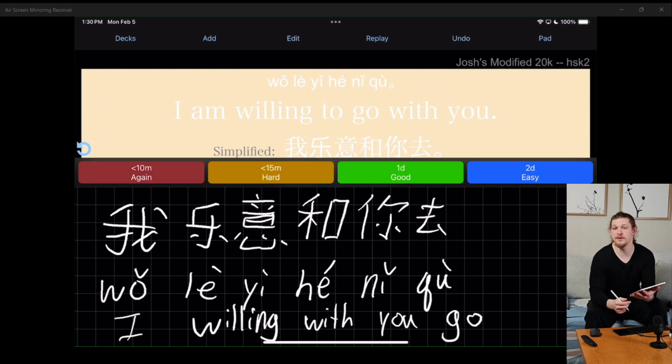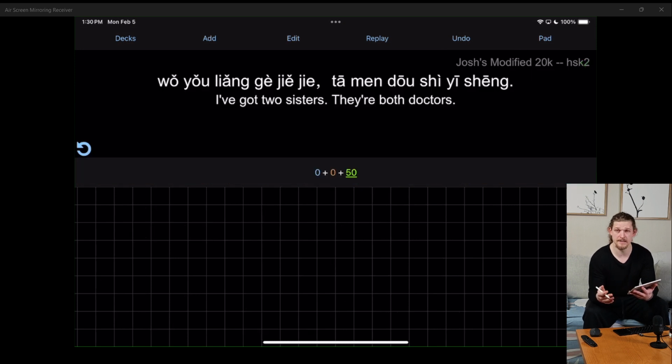I willing with you go would be the literal translation of what we're looking at right now. There are no prepositions like 'to' in Chinese, so it's just implied. So I'm willing to go with you is 我乐意和你去. So I got that correctly.